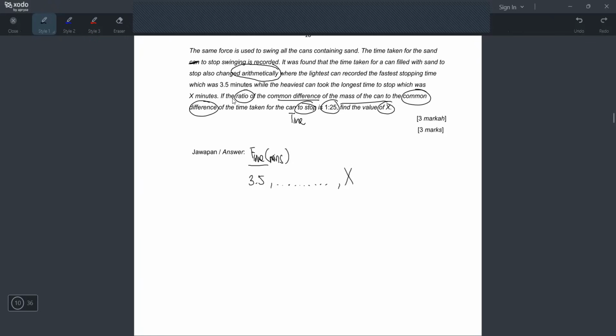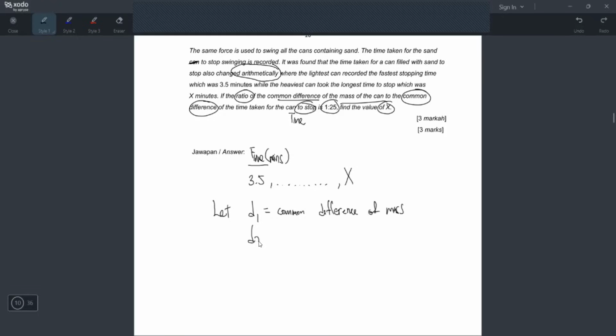right? And it says the ratio of common difference of mass of can. So common difference of mass of can, let's call this D1, okay? So let D1 equals to common difference of mass.